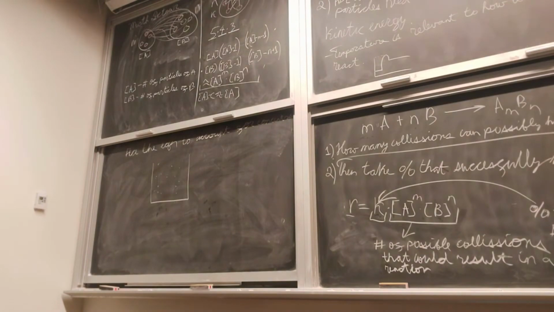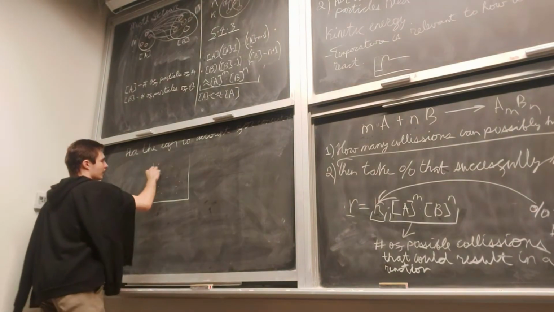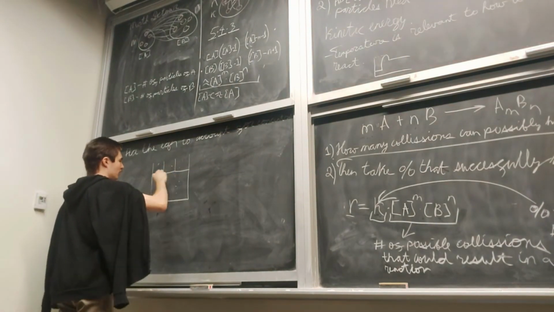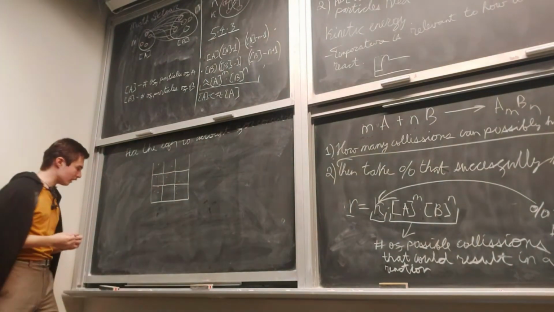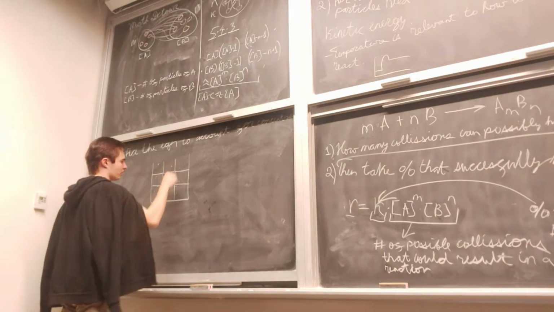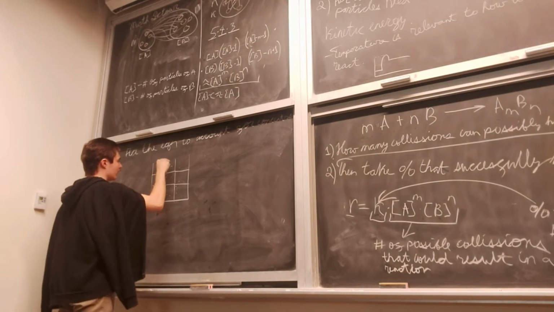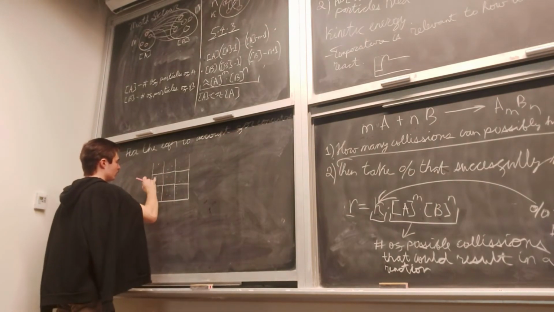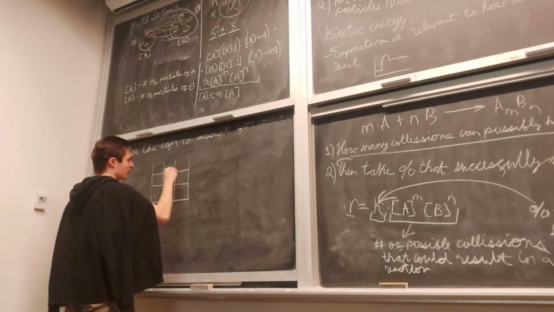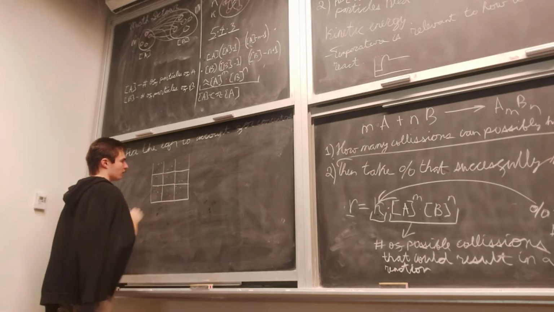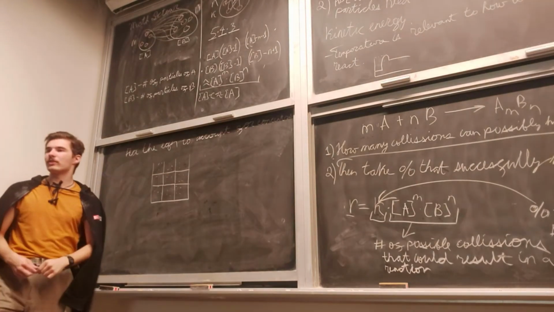If all the particles are evenly spread out, let's split this beaker into boxes of even shapes, and suppose you have the same number of particles of each kind in each one of these boxes. I'm going to do two of each in each one. Assuming that everything is evenly spread out, more or less, we'd expect that what happens in each one of these quadrants is going to be the same.